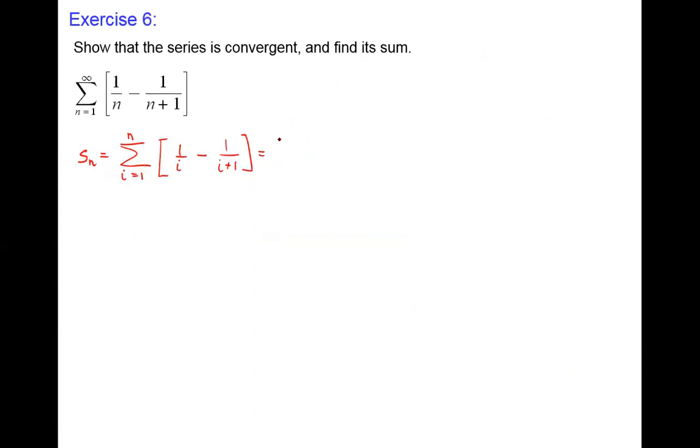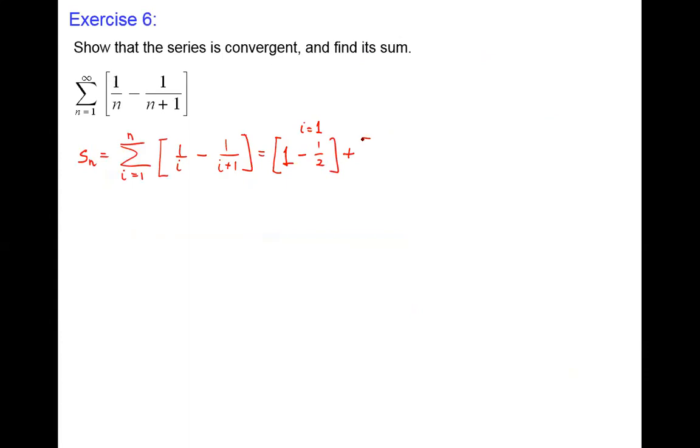Now I will expand a few terms. I will define the first term for i equals 1. This is 1 minus half. Let me squeeze it because I want to have room. This is defined not for i, because at the end it will be i equals to n. That's the reason I need i and another letter.